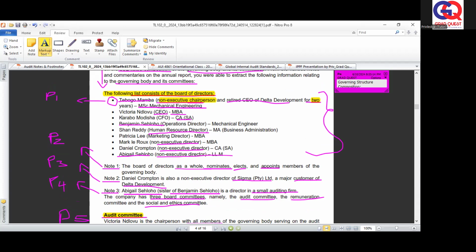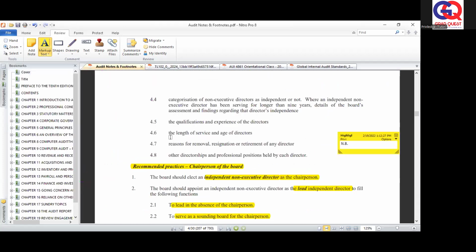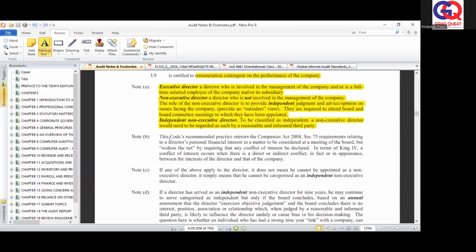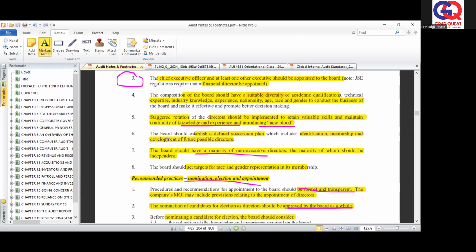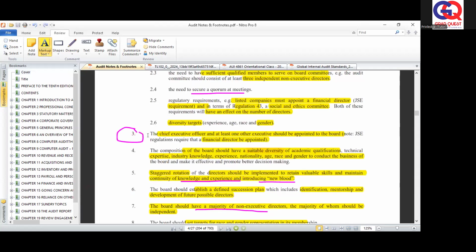And Karabo Modisha is the chief financial officer. Yes, they've adhered. Let me show you why I'm saying that. It's because of this paragraph. You see where it says, paragraph 3, the chief executive officer and at least one other executive should be appointed to the board. Note JSE regulations require that a financial director be appointed.